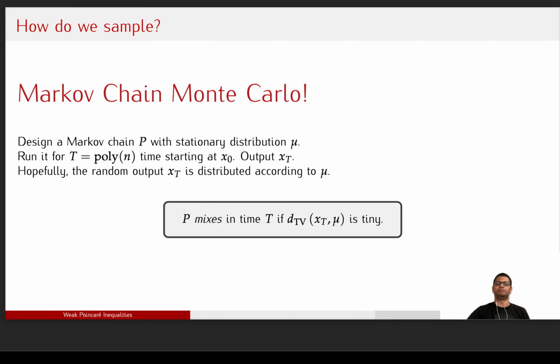So now let me introduce the notion of mixing. We say that a Markov chain P mixes in time t if the total variation distance between xt, the place where the Markov chain ended up at, and mu is tiny, regardless of where the Markov chain was initialized.